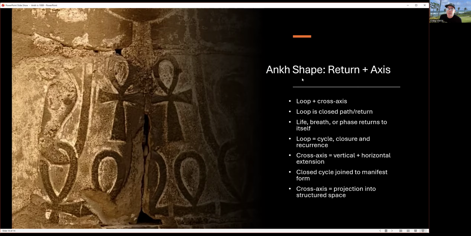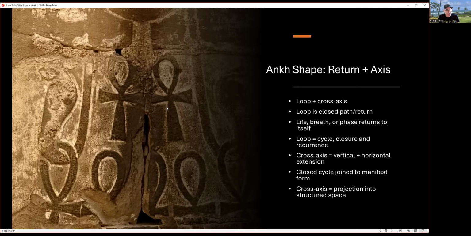The Ankh shape, let's look at it. Because yes, it has a loop. Here, you're going to return. And then there's this other axis here. Okay. So notice that the loop is a closed pathway. And we've got life, breath, and the phase returns to itself. So this is a cycle, closure, recurrence.